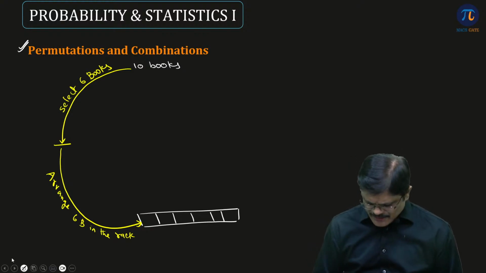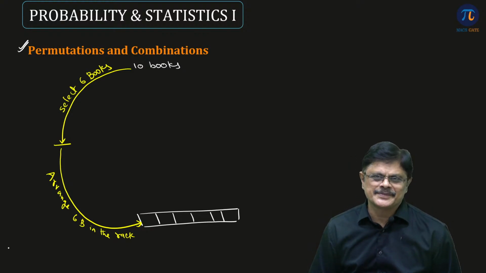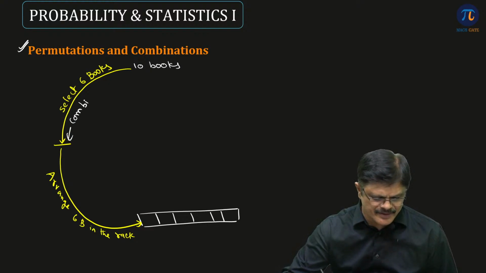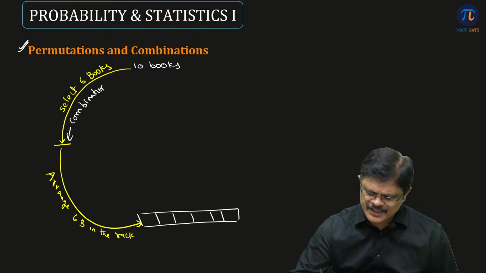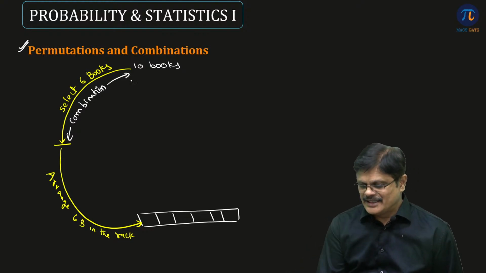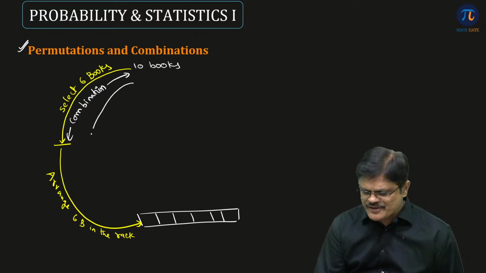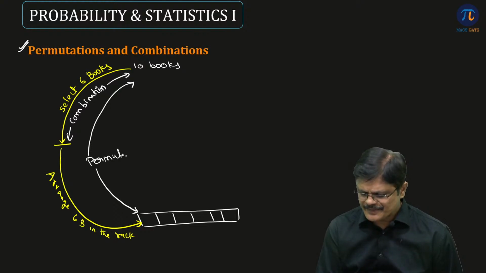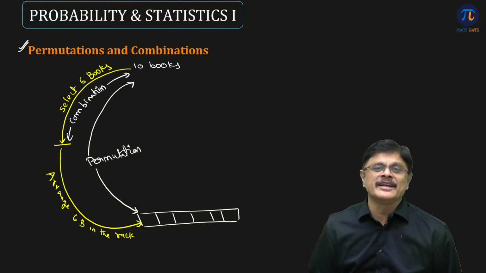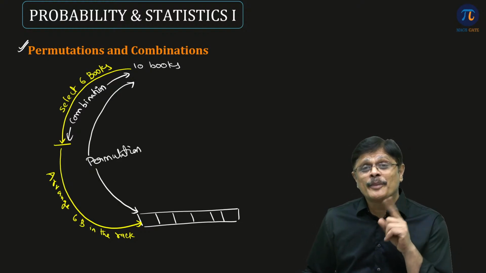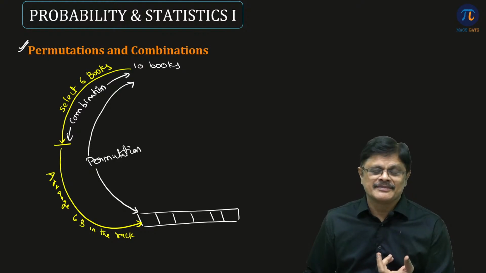So here the process of selection is what is known as combination. And the entire process of selection followed by arrangement is called permutation. See, some people confuse here. They feel that permutation means just arrangement. No. Selection followed by arrangement is permutation.